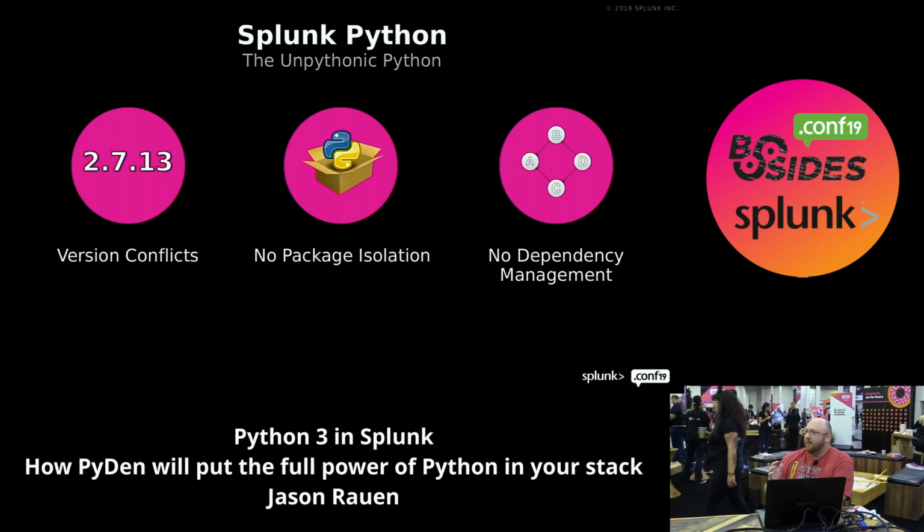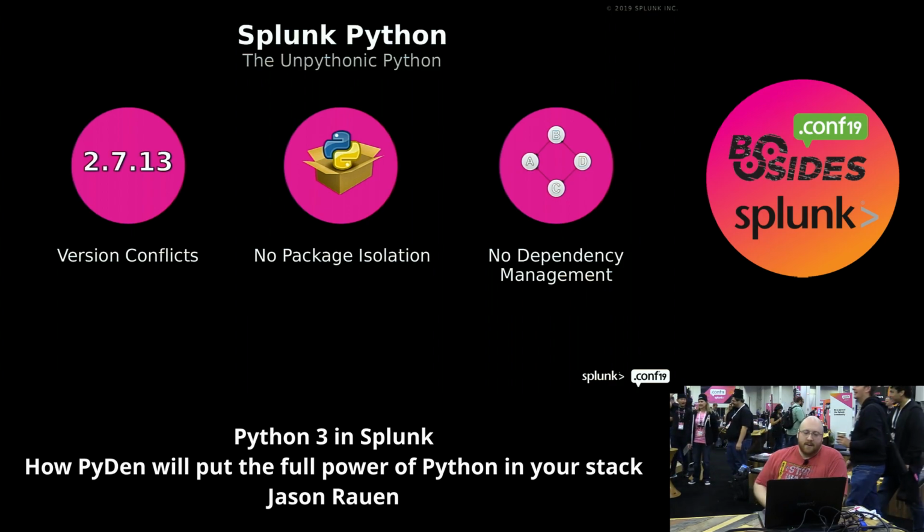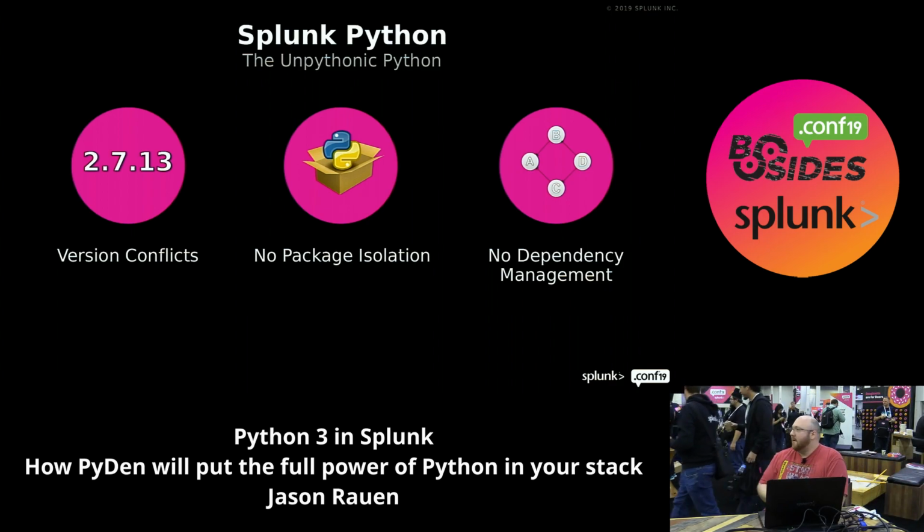You also have an issue of there's no package isolation. So part of extending Splunk using Python involves adding packages and libraries that the Python community has developed to the scripts you want to run. That's fine and dandy, and you can kind of bundle them into your apps, although it's not easy.